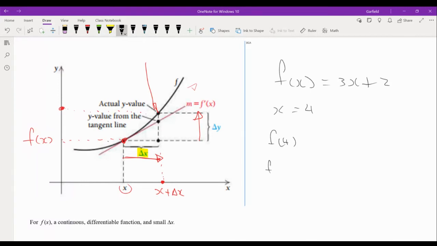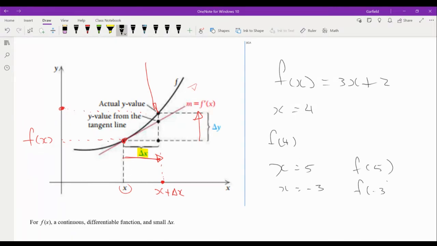How about if x is equal to 5? What do we do? We plug in a 5, right? So this would be f of 5. How about if x is equal to negative 3? What do we do? Come on, plug in negative 3.